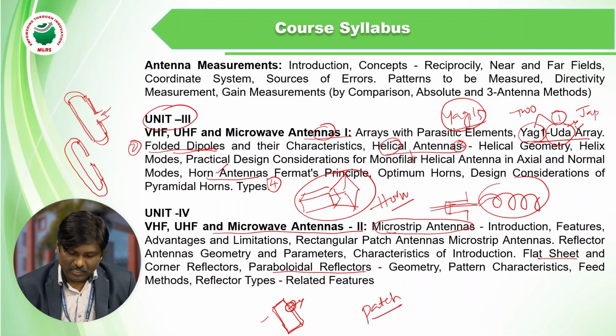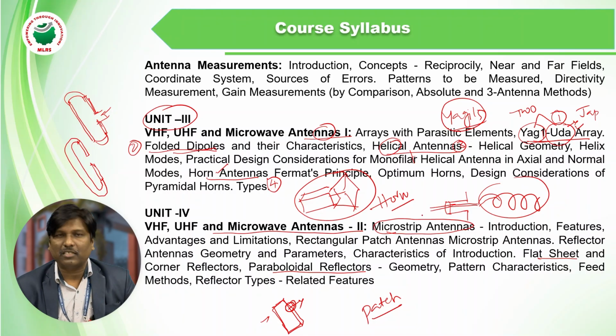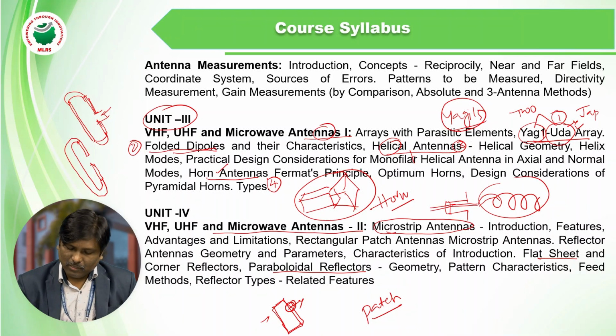The best example is our mobiles. These microstrip antennas are very useful because of their small size, low cost, ease of replacement and ease of operation, and they are suitable for planar and non-planar regions. So these microstrip antennas are very familiar and very usable.